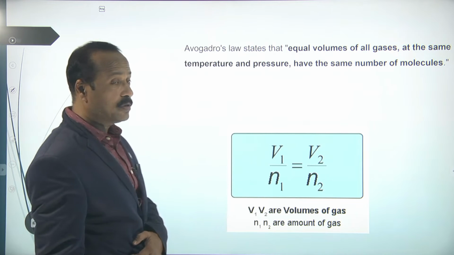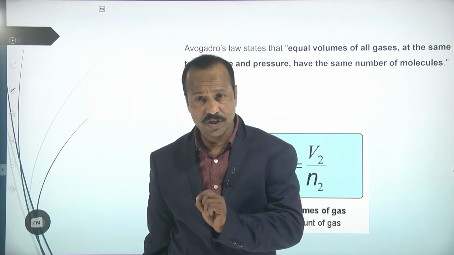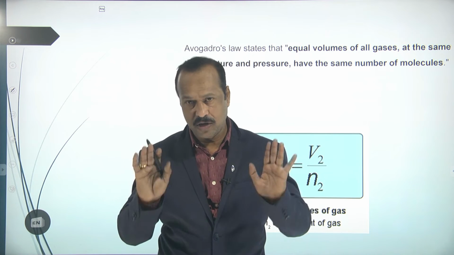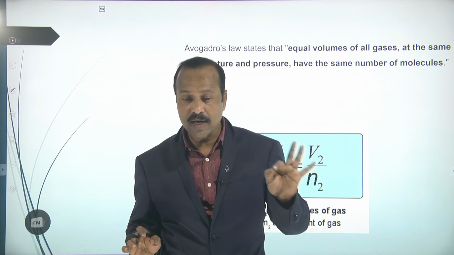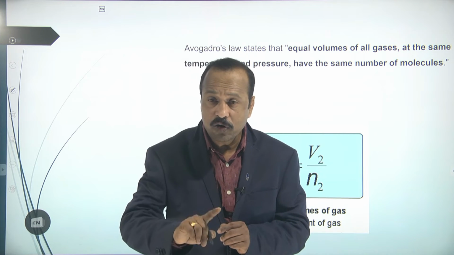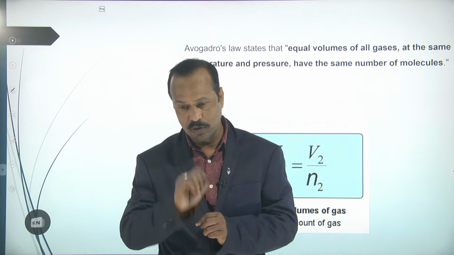Avogadro's law. Avogadro's law states that under similar conditions of temperature and pressure, means what? Pressure and temperature should be constant. Under similar conditions of temperature and pressure, equal volume of all gases contains equal number of molecules.